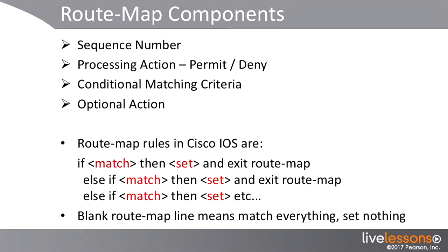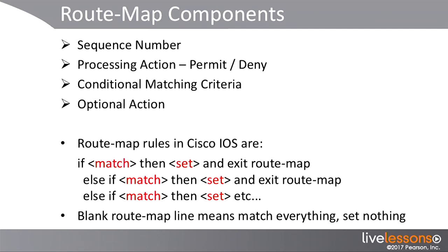If the match criteria does not match, then it moves to the else-if criteria, which is match and then set and exit the route map. If it still doesn't match and you have further entries, it performs the else-if again. If there is a blank route map entry, it means match everything and set nothing. So if you have a blank route map statement, it will permit everything which is not matching in any of the other route map entries.